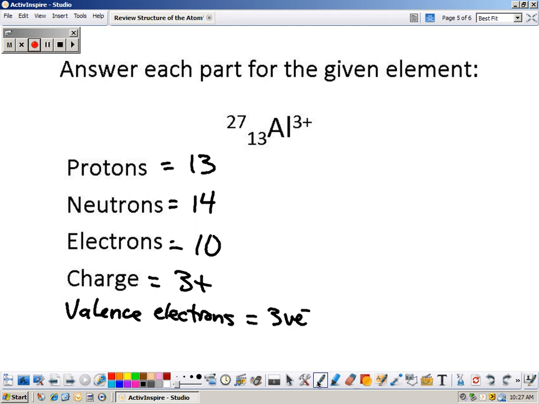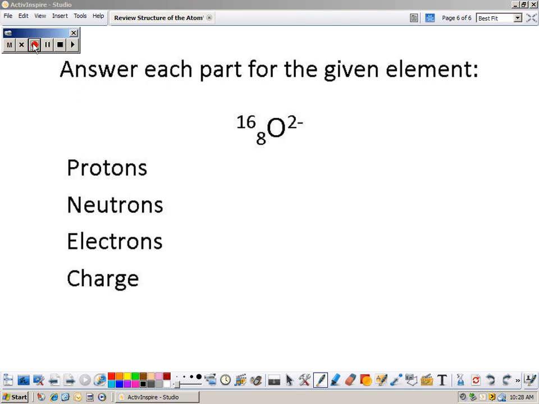Let's try one more. All right, let's do our last one here. For oxide, how many protons do we have? 8. Neutrons? 8. You subtract. Electrons? 10.